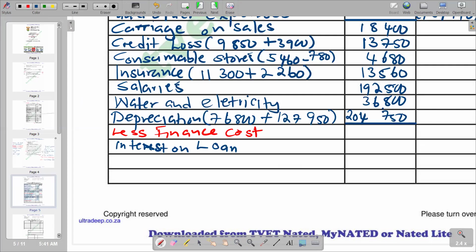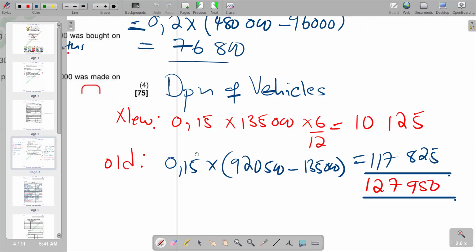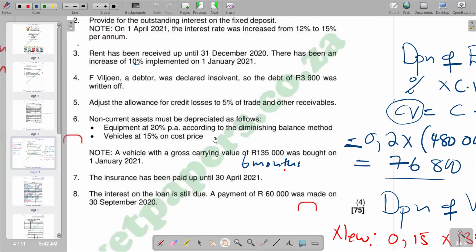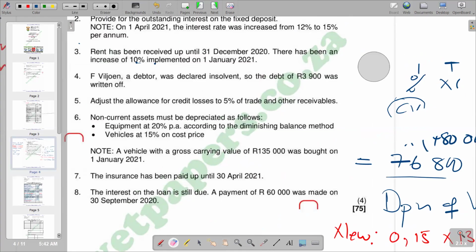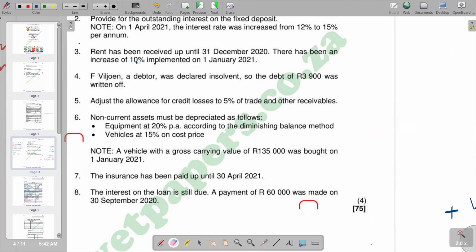Interest on loan again is mentioned in additional information. We need to go there and see what the question is saying about interest on loan. So it's saying additional information number 8. Number 8, that's where we've got information on interest on loan. It says the interest on the loan is still due. The payment of 60,000 was made on 3rd September 2020.